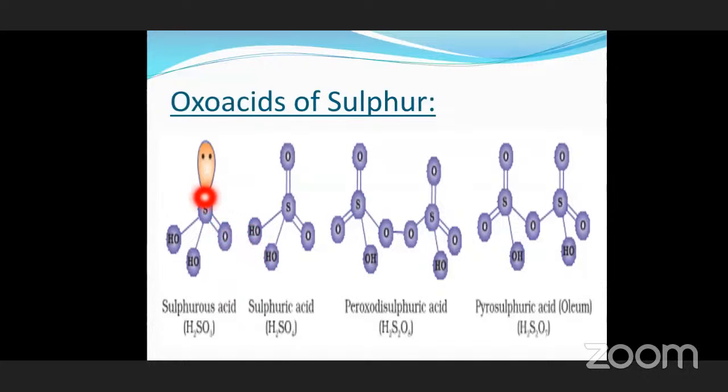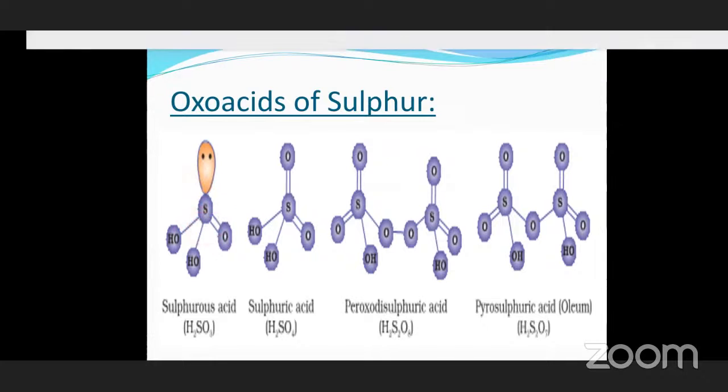Before that, you already know the valency of sulfur here is 6, and it is satisfied here. How? 6 electrons are there: 1, 2, 3, 4, 5, 6. Once again, 1, 2, 3, 4, 5, 6. That's why sulfur is acting as the central atom.